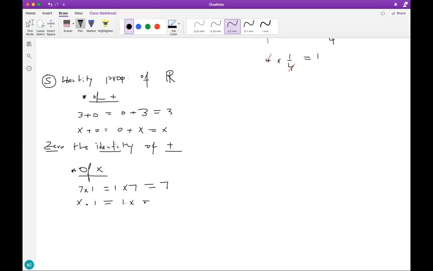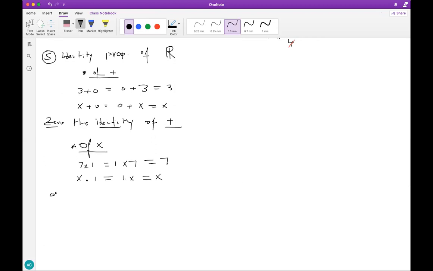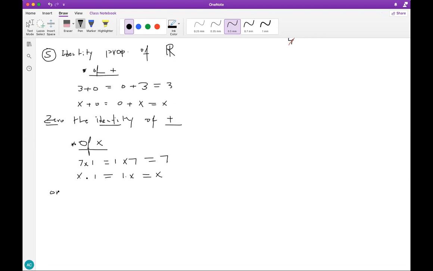If you switch it, it's going to be x. So 1 does not affect the multiplication. So we say 1 is the identity of multiplication.